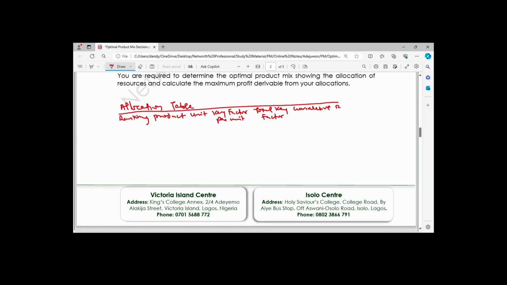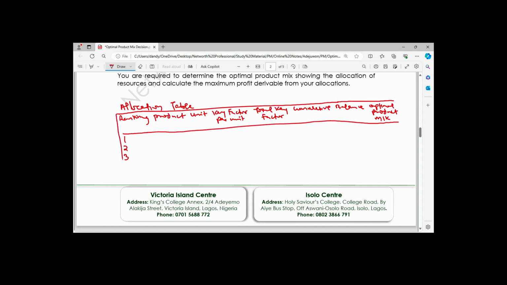You are going to have balance. Then you are going to have optimal product mix. So these are the 8 columns that you are going to create whenever you want to allocate.